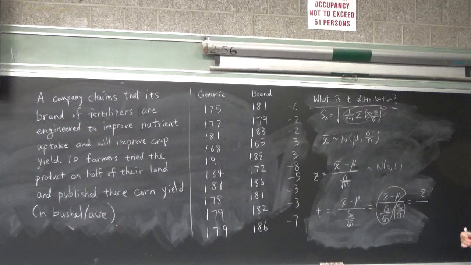So what ends up happening is this Sx over sigma behaves like a chi-square distribution with n minus 1 degrees of freedom. Okay? And that's what the T distribution is. A T distribution is really a normal distribution divided by some chi-squared distribution, and it has n minus 1 degrees of freedom. Okay?